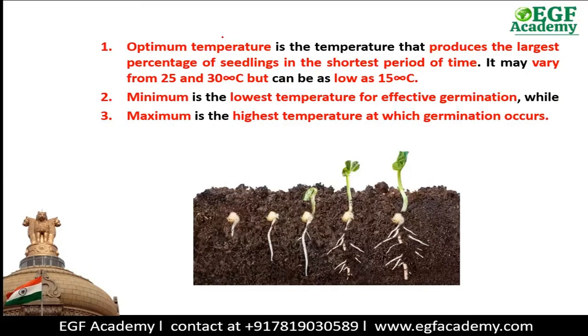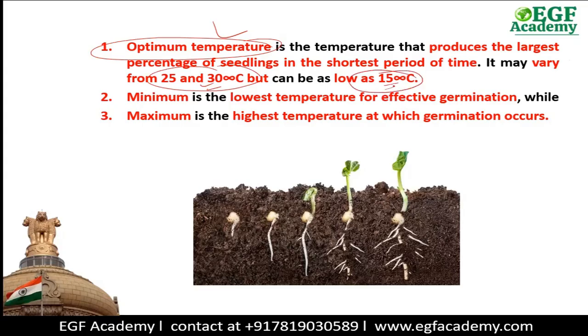See, optimum temperature means this is the most favorable temperature range. And if the seed gets the optimum temperature, then it will germinate as quickly as possible. The optimum temperature varies in majority of the seeds between 25 to 30 degrees Celsius, but it can be as low as 15 degrees for some plants.